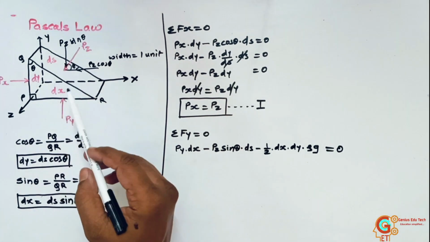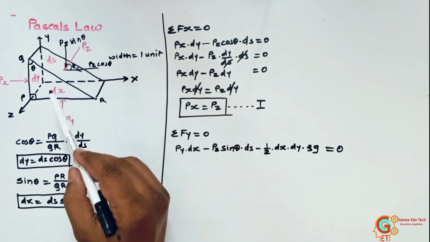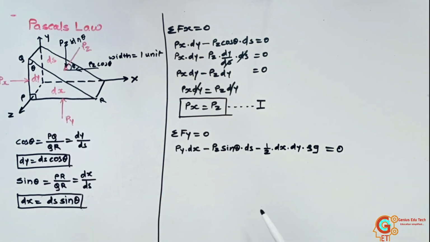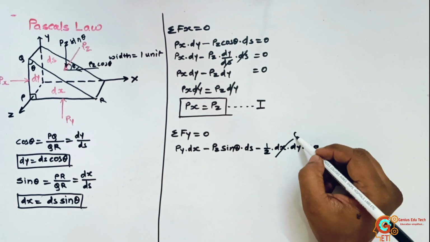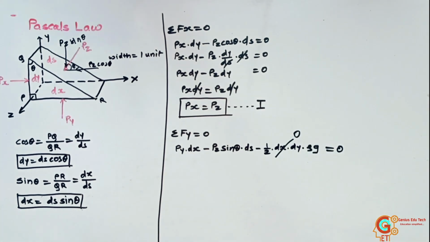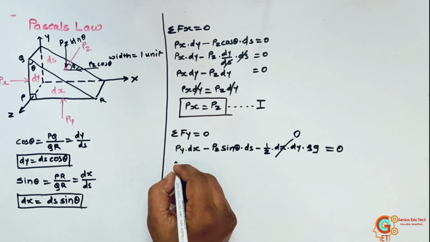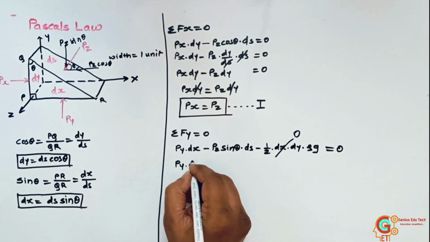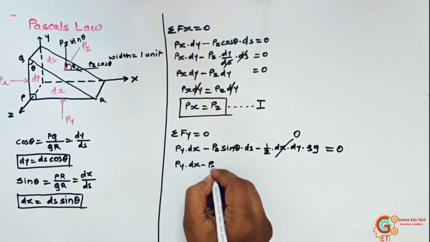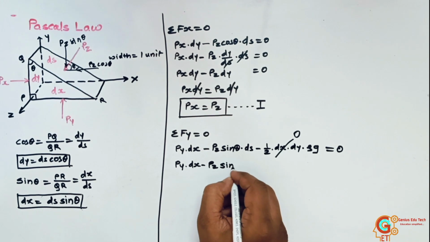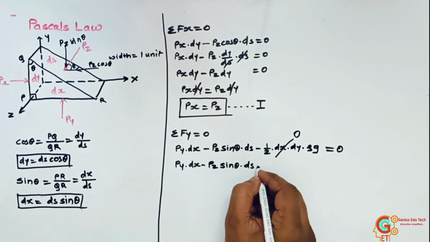But as this wedge shape element is very small, we can neglect the weight of the element. So the equation becomes Py dx minus Pz sin theta into ds.